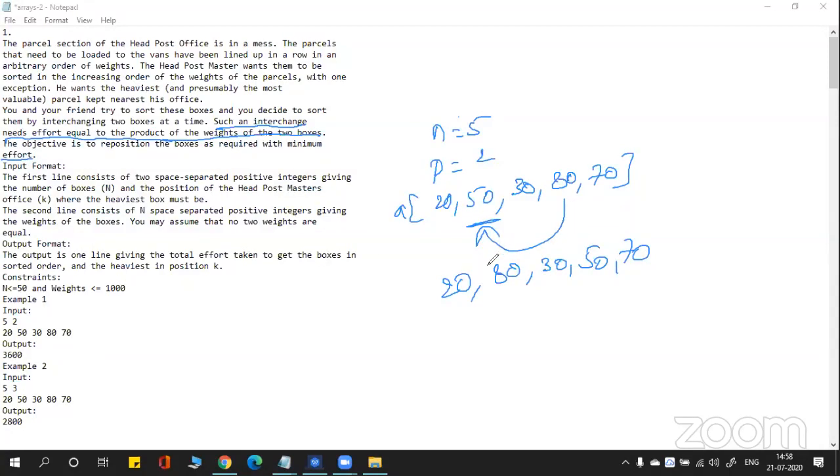Yes, so if I try to arrange everything, these are already in sorted order. For example, if I get some boxes like 70, 20, 60, 50 and 40, after sorting it becomes 20, 40, 50, 60, 70.